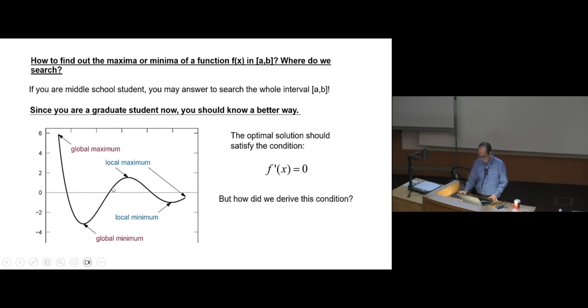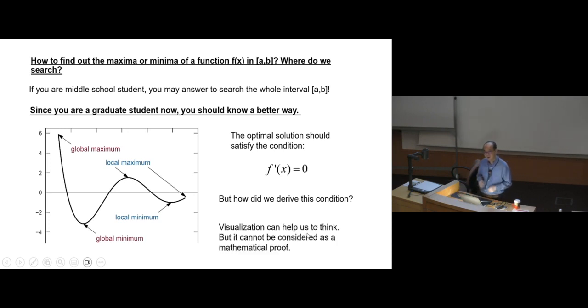You can say, visually, those points are where the derivative is 0. But visualization can help us to think, but visualization is not the proof. So let's try to prove that. Then we have to ask the basic question.